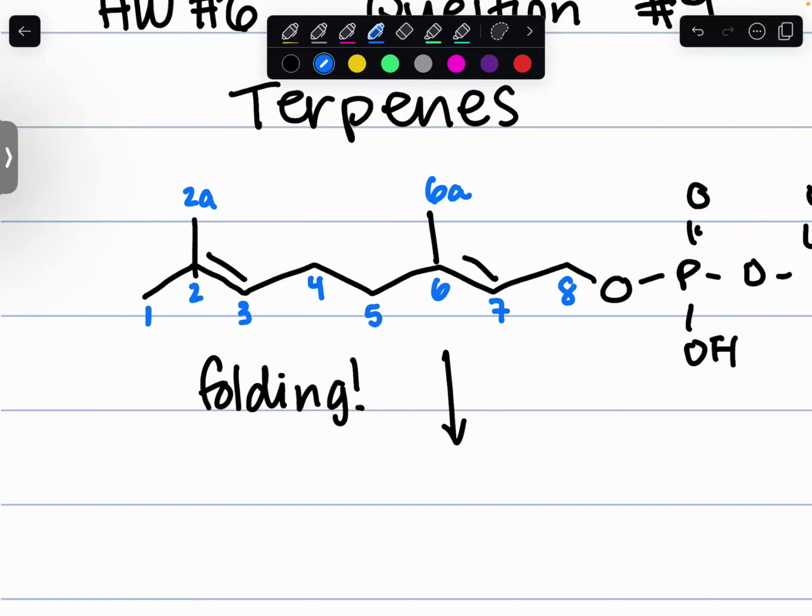This is how I would number it. You don't have to number it if this doesn't make sense to you. I know that there are 8 carbons in the chain and 2 methyls coming off.